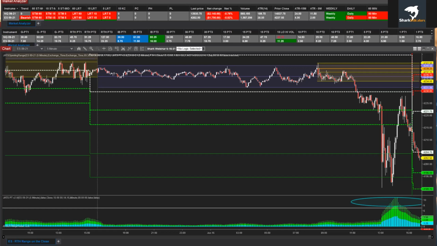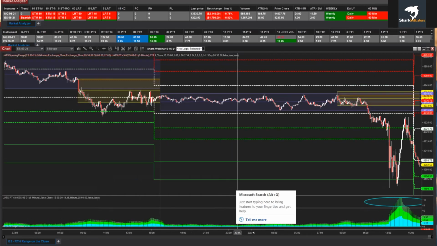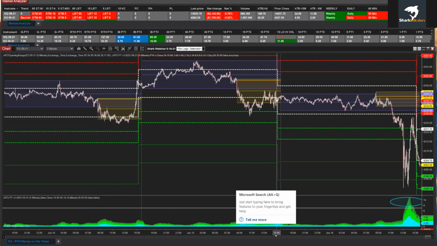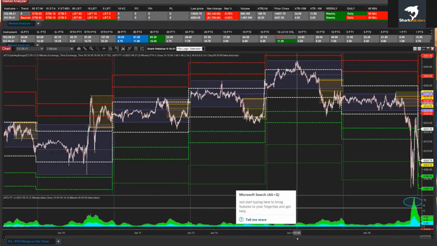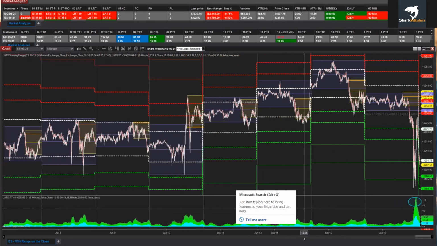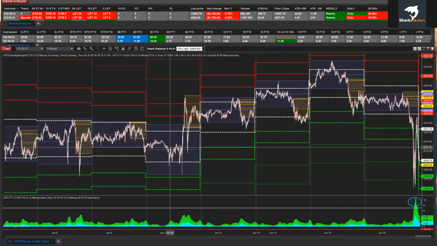Yeah, I'm very happy with this system. I think it's going to give me a lot to work on. I think the opening range system is a very well designed system. You can see that these mid bands are actually very, very used.